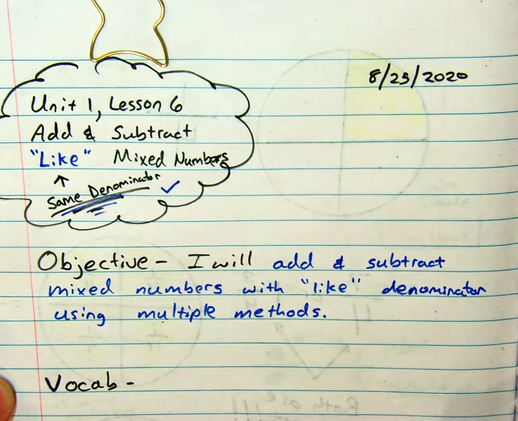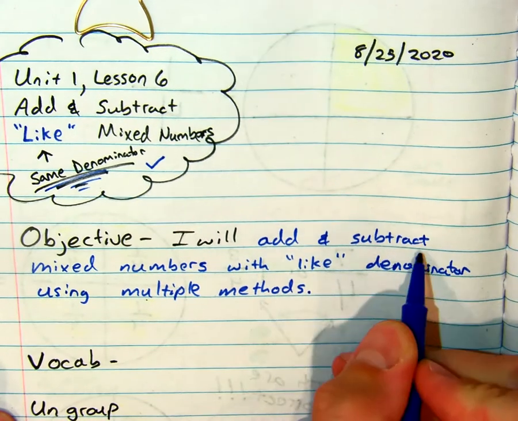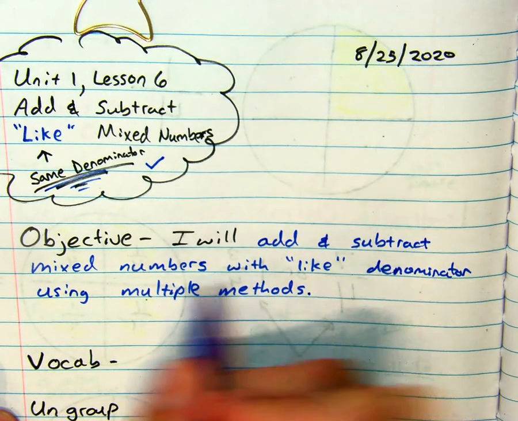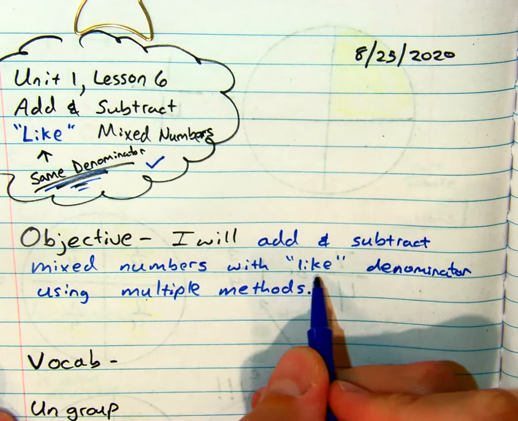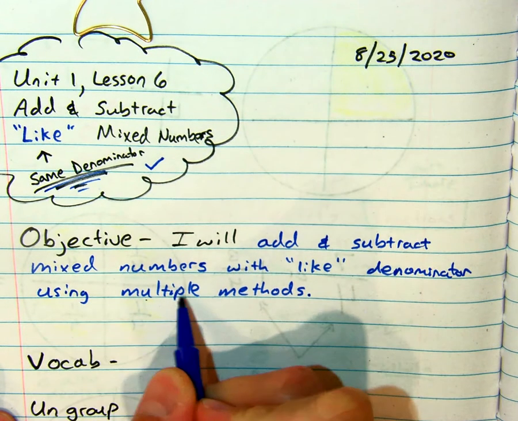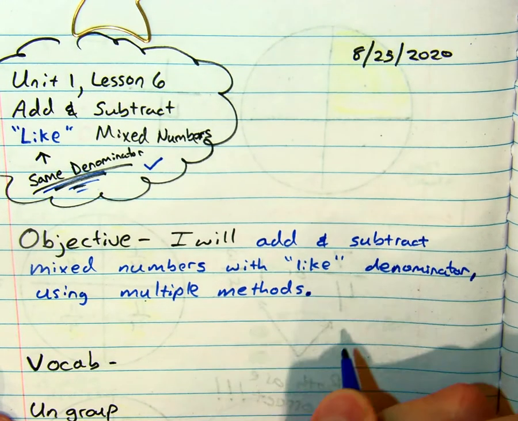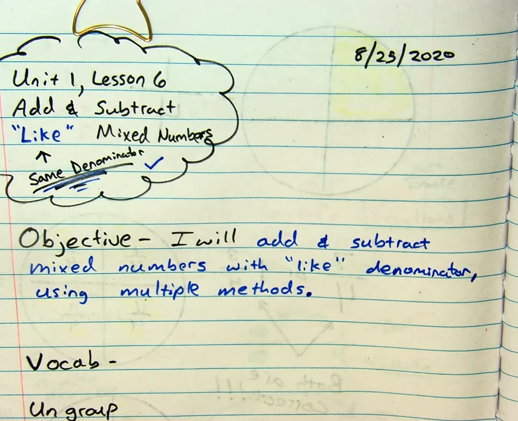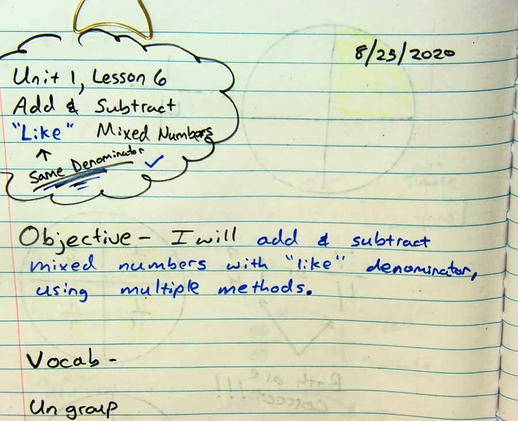All right, read it one more time with me. I will add and subtract mixed numbers with like denominators using multiple methods. And I think I need to put a comma in there. Using multiple methods. All right, let's get that objective.